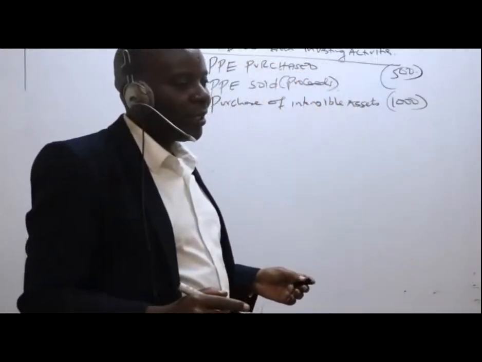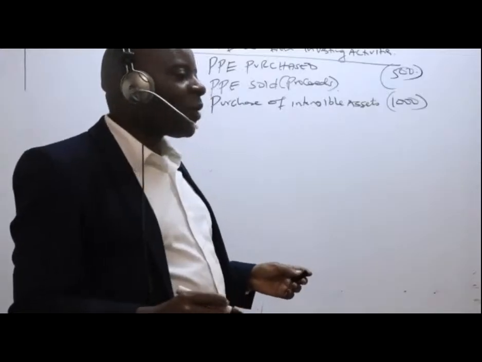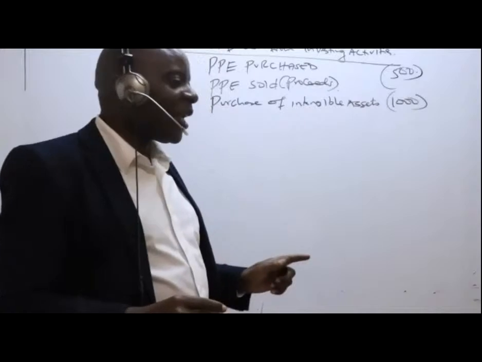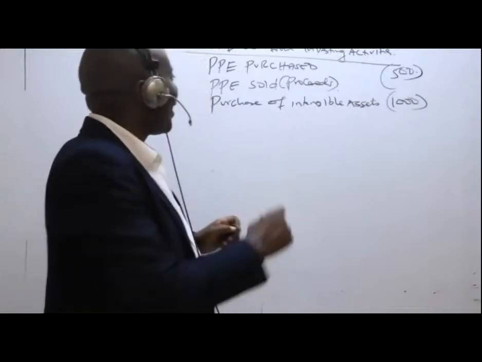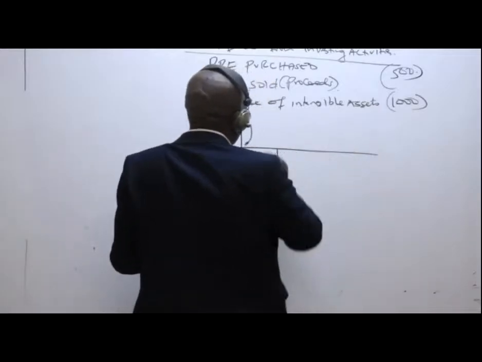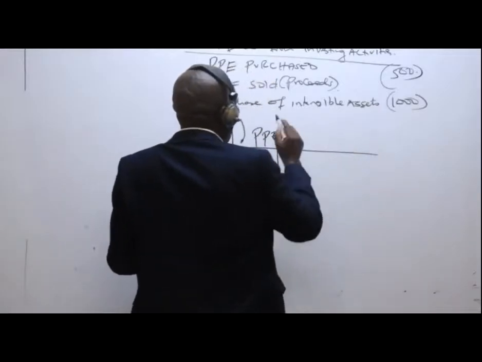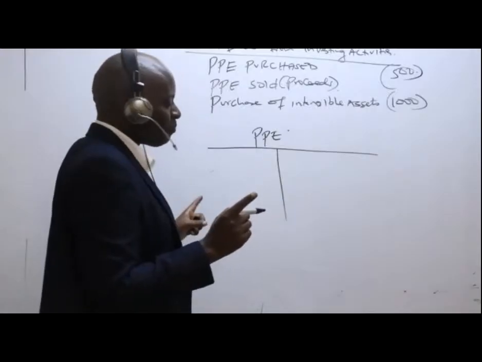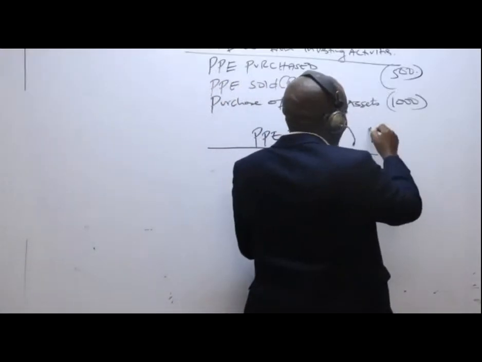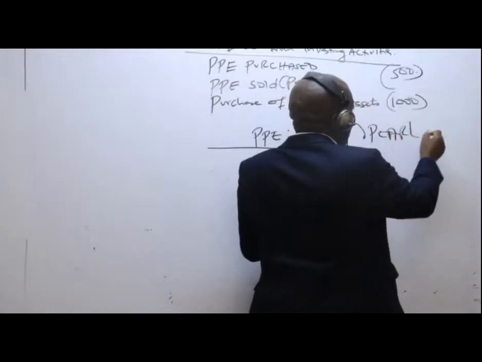Now, to get the proceeds from PPE sold, from my experience, most students would prefer a T account. So PPE. Remember, whenever you're doing a T account, you must remember our acronym of PALS.